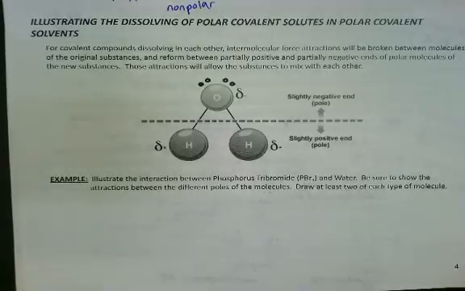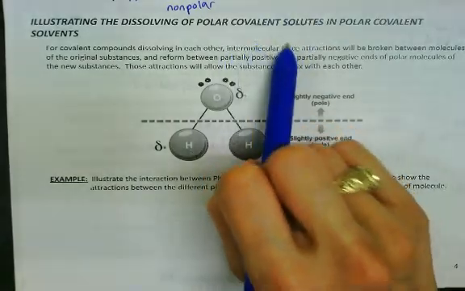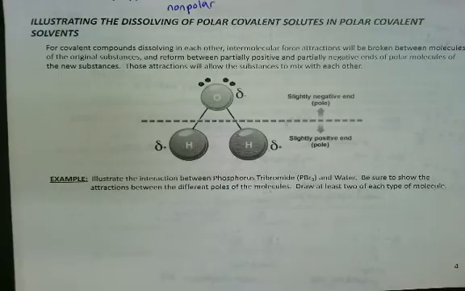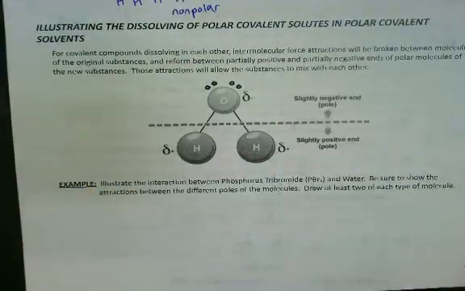What I want us to move on to, though, is how we can illustrate the dissolving process, or what it would look like for a polar covalent solute to dissolve in a polar covalent solvent. Okay? So with that, I want to remind us what is happening in a polar covalent compound. We said that water was a polar substance.